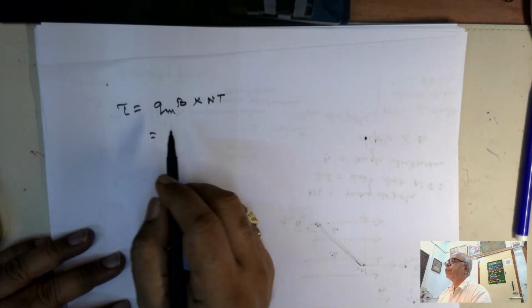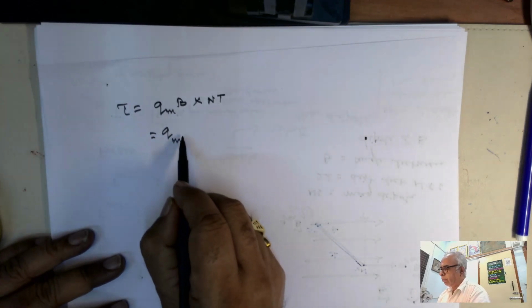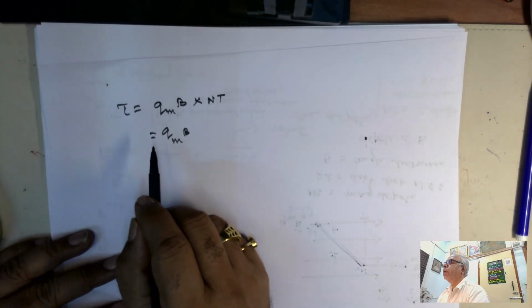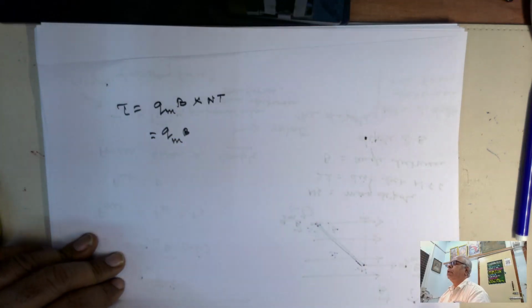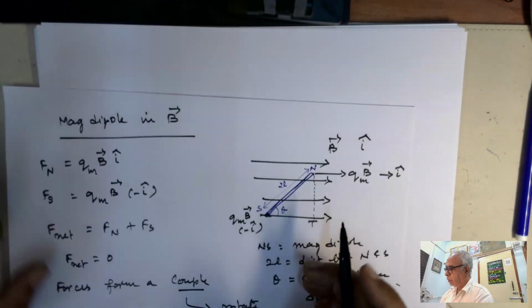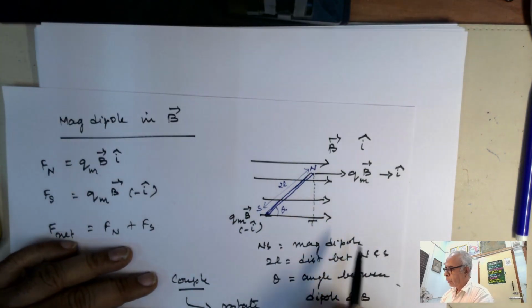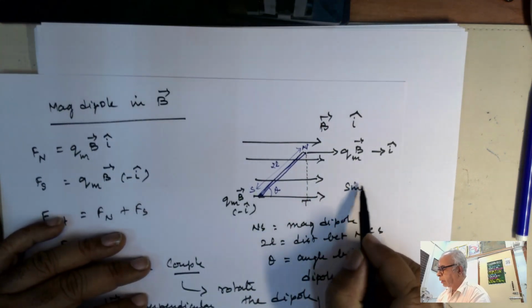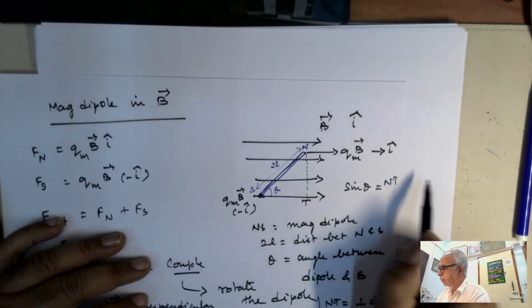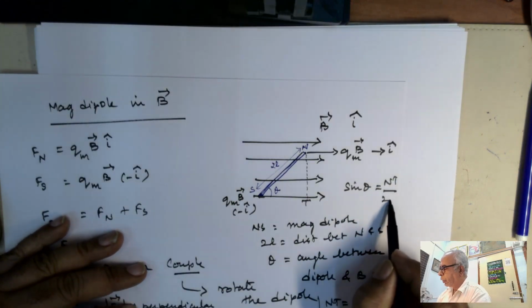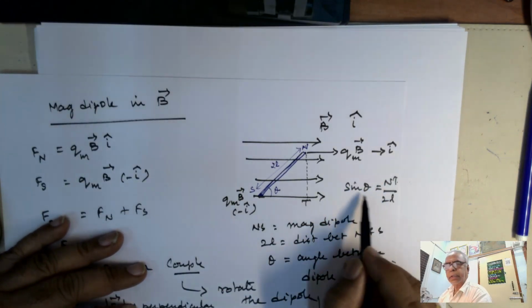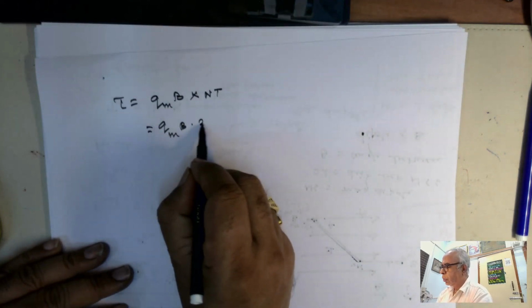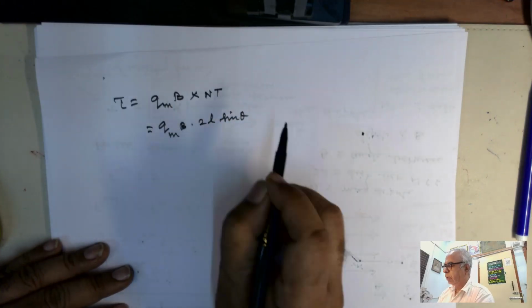So it means QMB, and this NT, listen to me, this is 2L, and this is NT. Now what is sine theta? NT by 2L. Therefore, NT is equal to 2L sine theta. Do you understand this? So NT is equal to 2L sine theta.